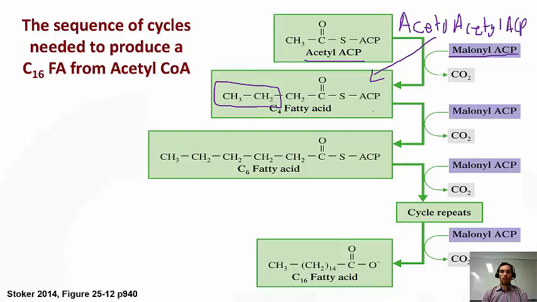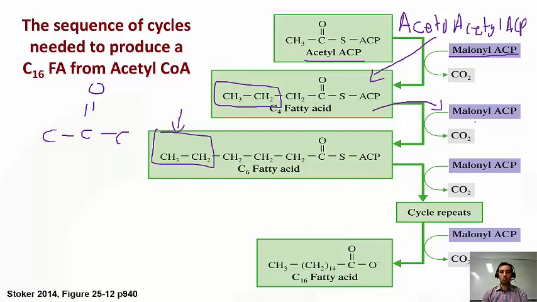We can then put that back into another cycle of lipogenesis by adding a malonyl ACP onto that, and by doing this we're actually able to get another one of the ketone groups that we can actually modify and then turn into another 2 carbons here that contain only single carbon-carbon bonds.